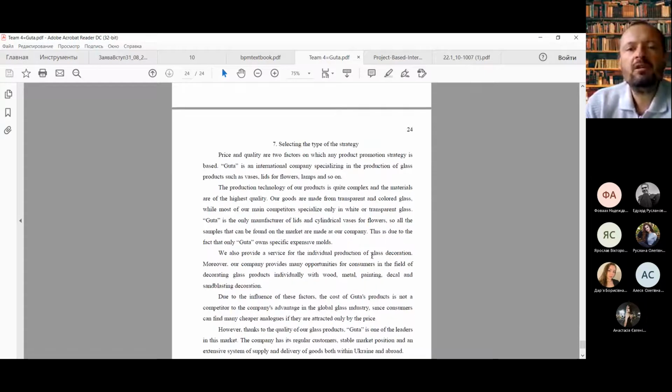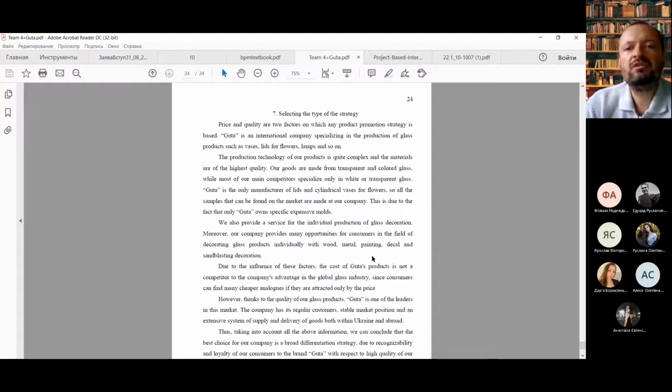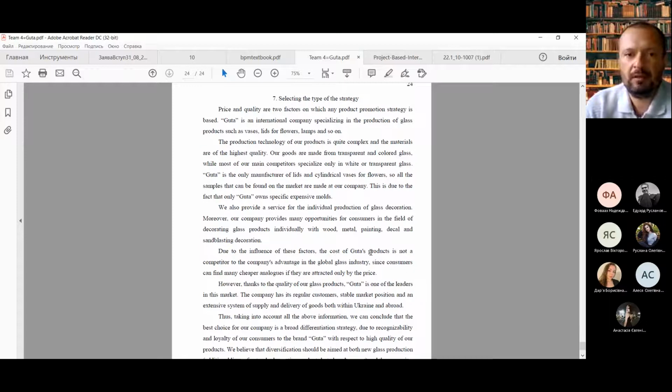And finally, you will have to select the type of the strategy. You will have to select the competitive advantage for the company.